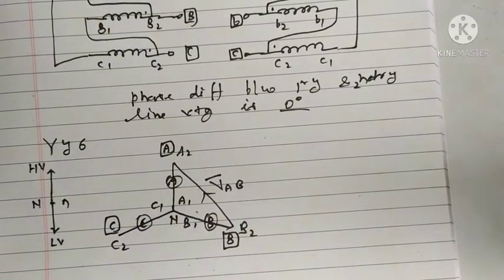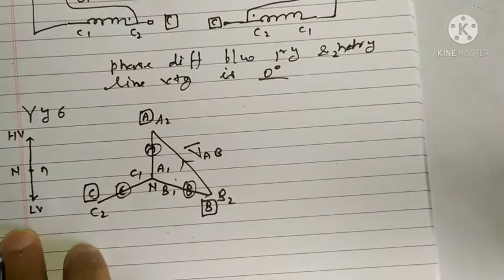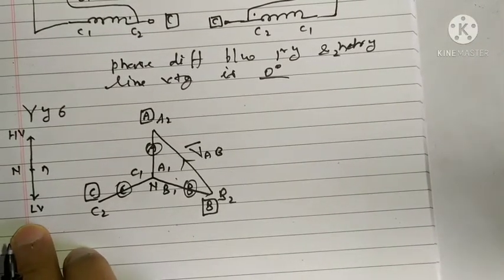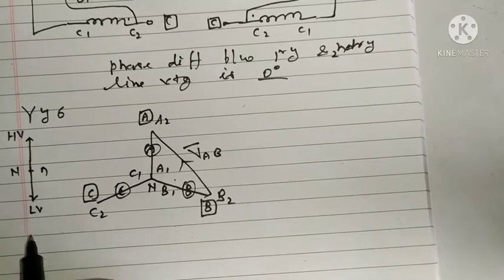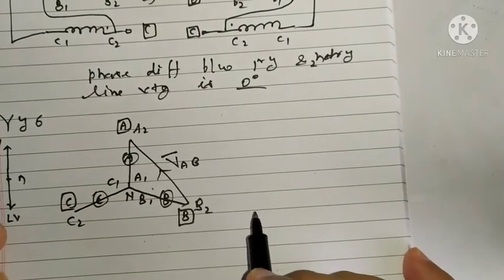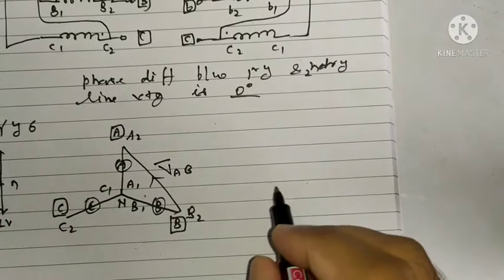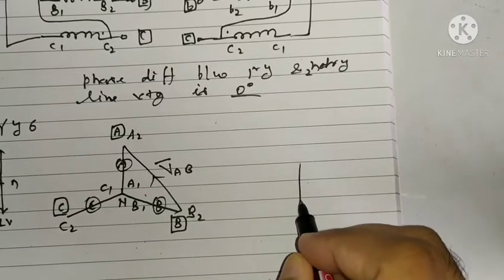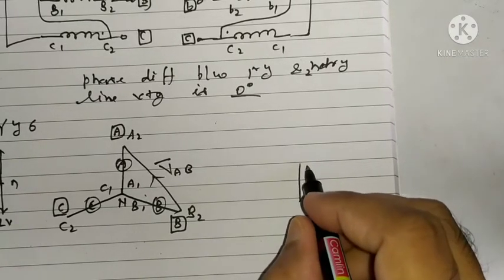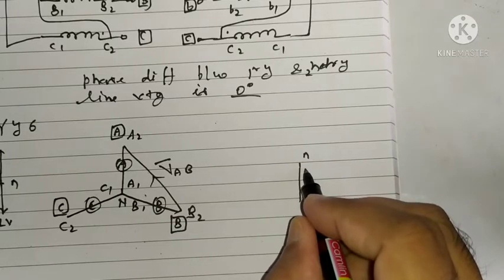is the line voltage. Now for drawing LV side, what we are seeing is that LV side is at 6 o'clock, right? So LV to neutral is shown here. So for LV side, we will have neutral here, but the terminal must be brought from A2 only.